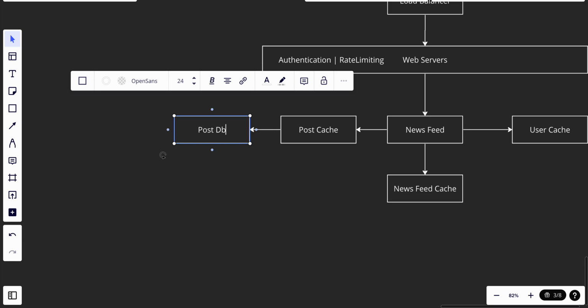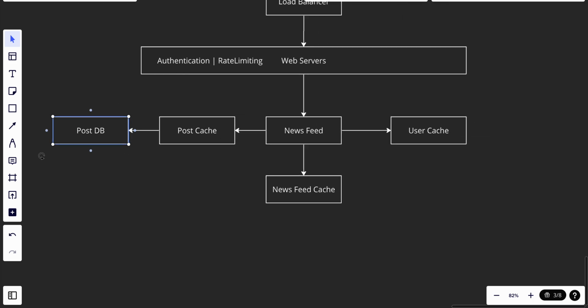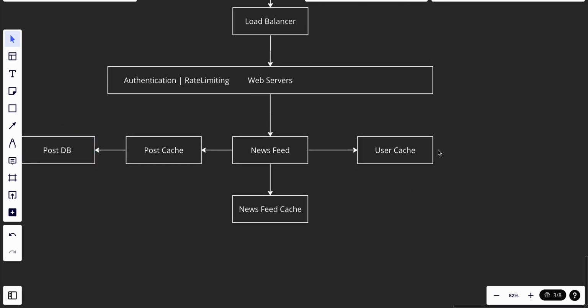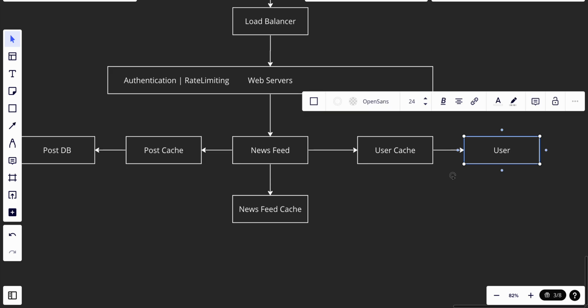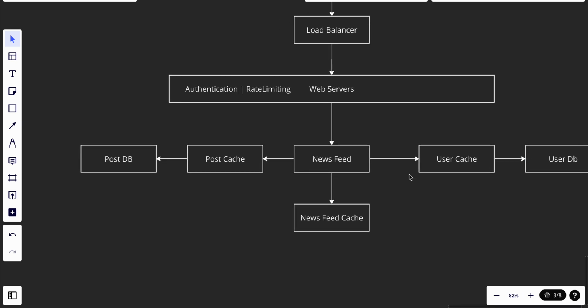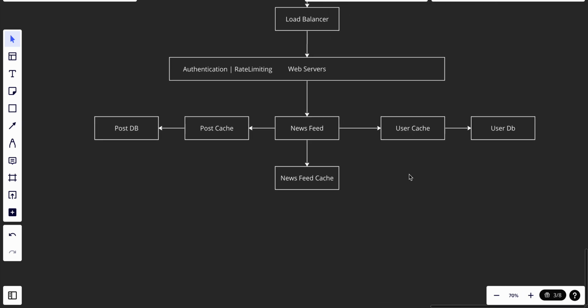The post cache works with post DB, and the user cache is with user DB, and yeah. So let's just talk about this one.